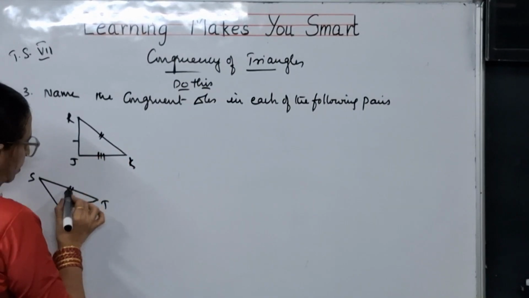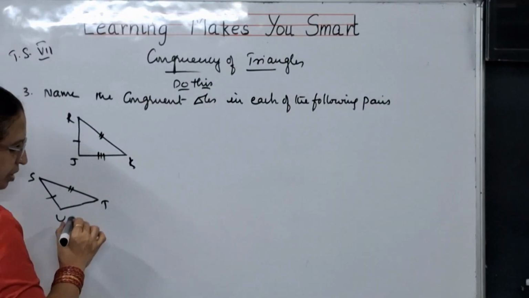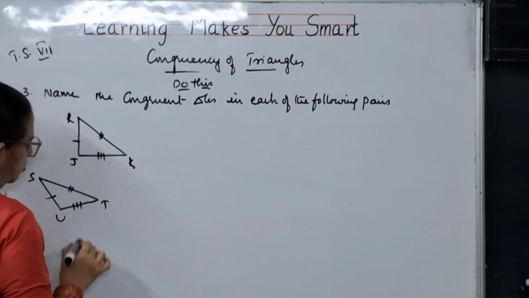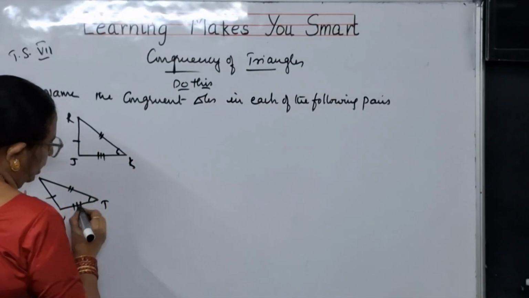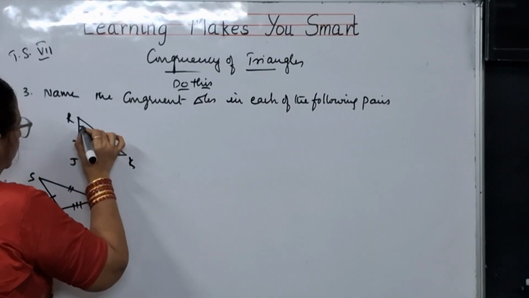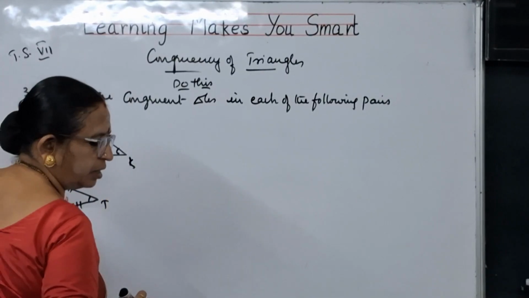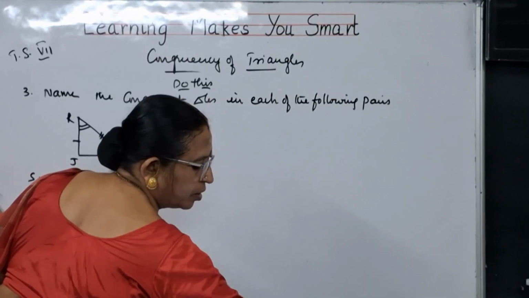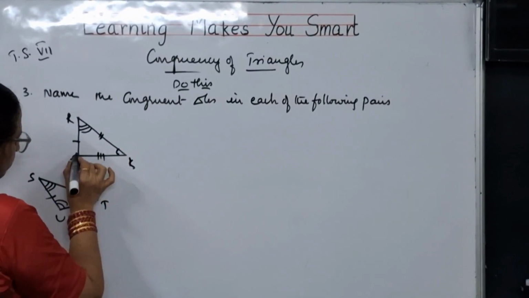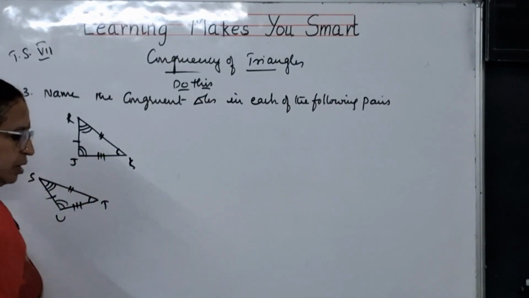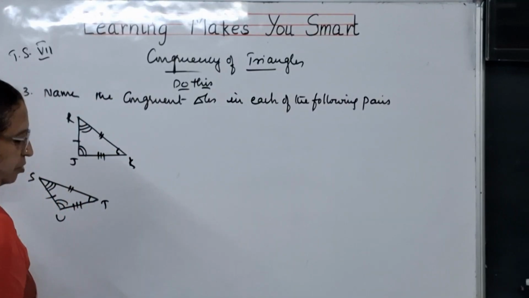These are having same symbols, which means these two are equal. And these are having same symbols, these two are equal. And then you see here one line, that means these two angles are equal. Here 2, that means these two are equal. Here you have 3, and here you have 2. Now you have to name the congruent triangles in each pair.